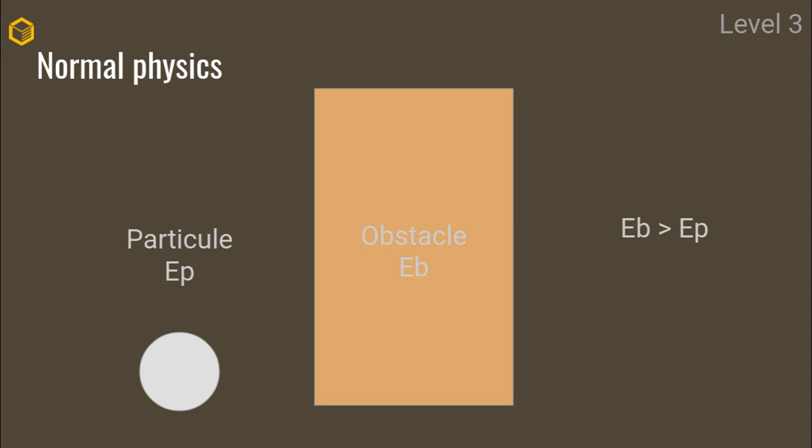But before, a little bit of background. In normal physics, I would consider that if I have a given particle, and this particle's potential energy, which I've noted EP here, is smaller than the potential energy of a barrier, then my particle can't go through the barrier.